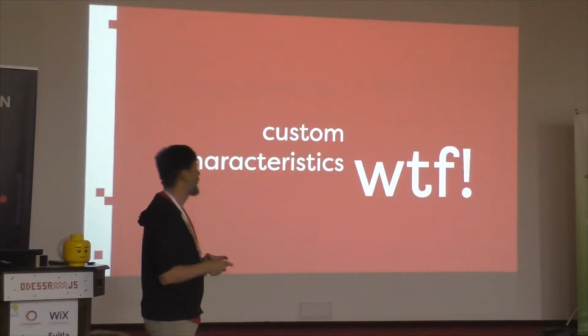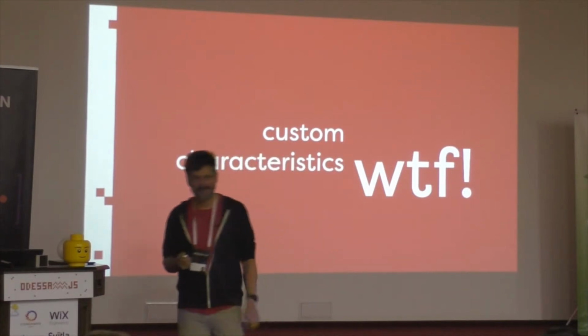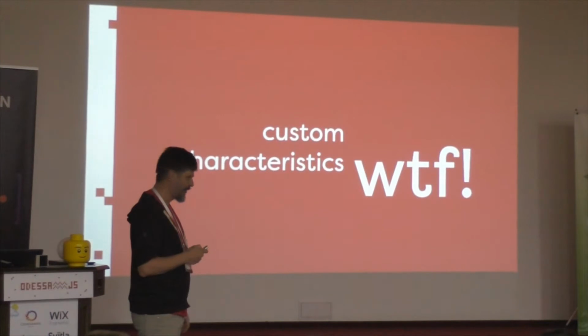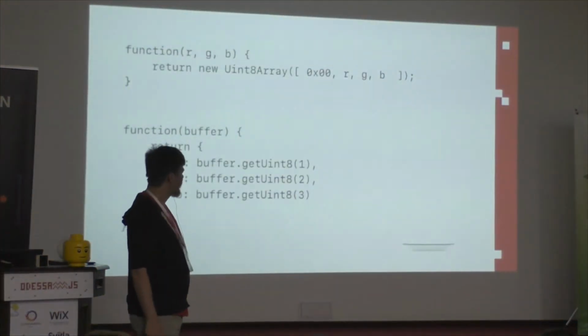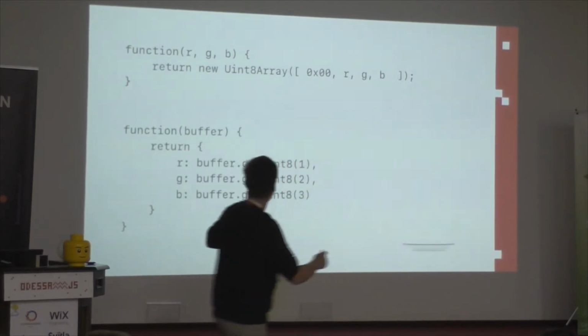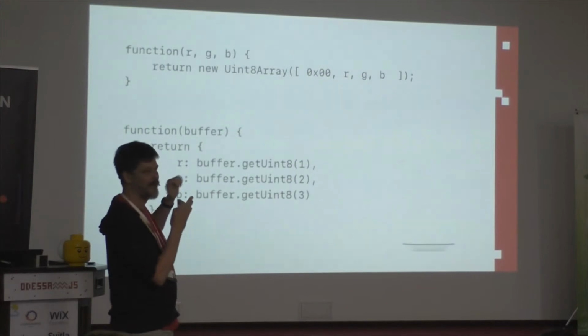Now, I mentioned that not everybody supports standards. Well, this is some of the stuff I noticed. So, again, this is a light bulb. This is how we set a color and read a color from a light bulb.